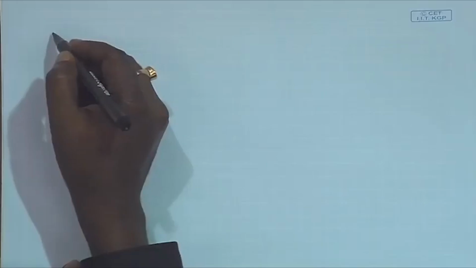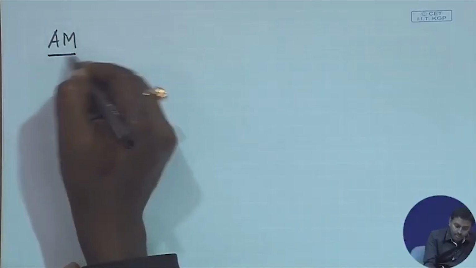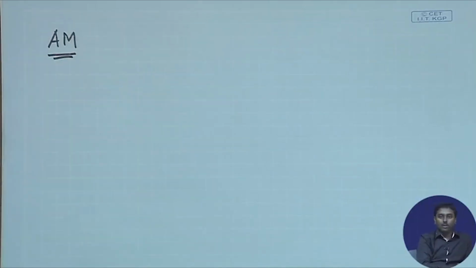Okay. So, after this, let us try to see another form of modulation. The other form of modulation is termed AM, because historically that came first, amplitude modulation.